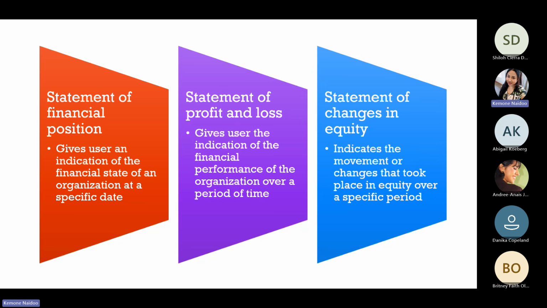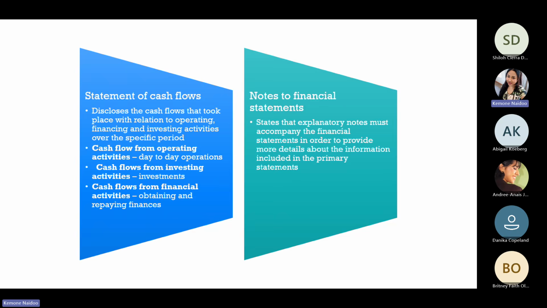It's a basic overview of what our financial situation looks like. Then the statement of profit and loss gives us an indication of the financial performance of the organization over a period of time, and it looks at the profit and loss that we're making. So are we making a profit or are we making a loss? It's taking into account those two elements.